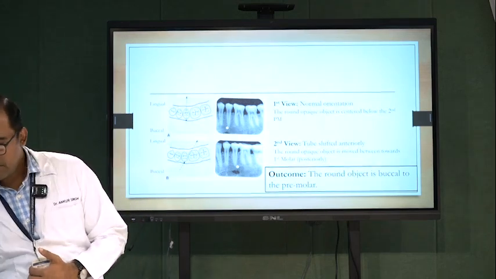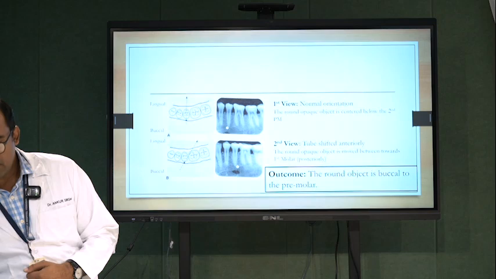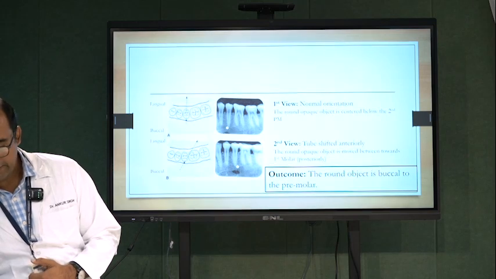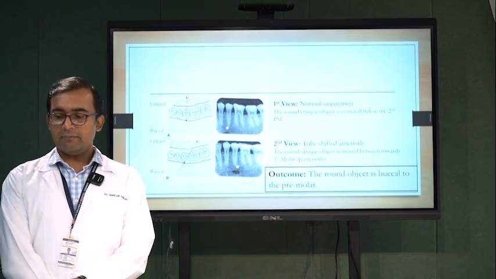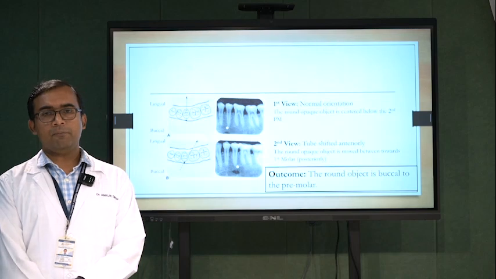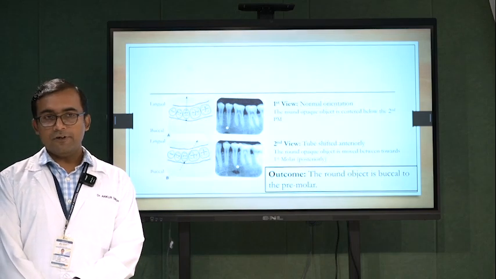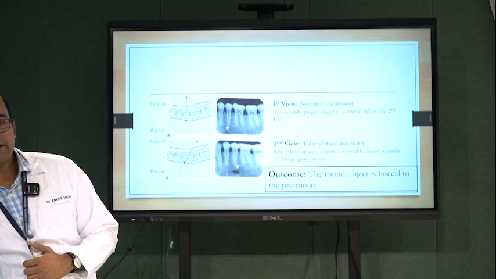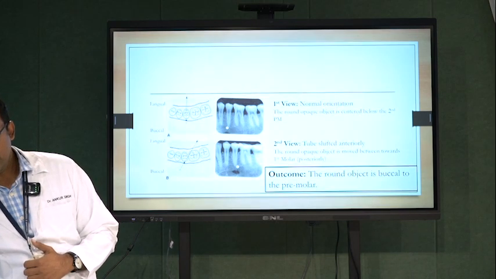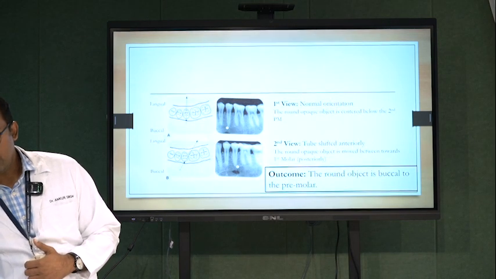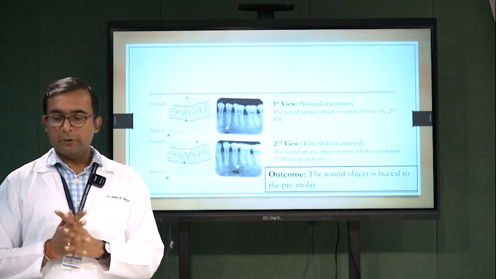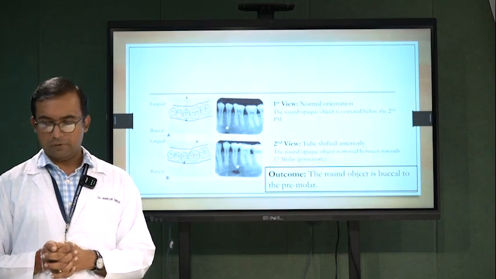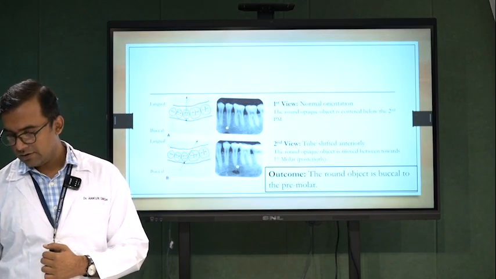The image of that opacity or object has shifted a bit distally. As we know, it is opposite buccal, so it was present buccally. This we can infer from the image. This is the normal, and this is after shifting the tube mesially, where the object has moved distally.